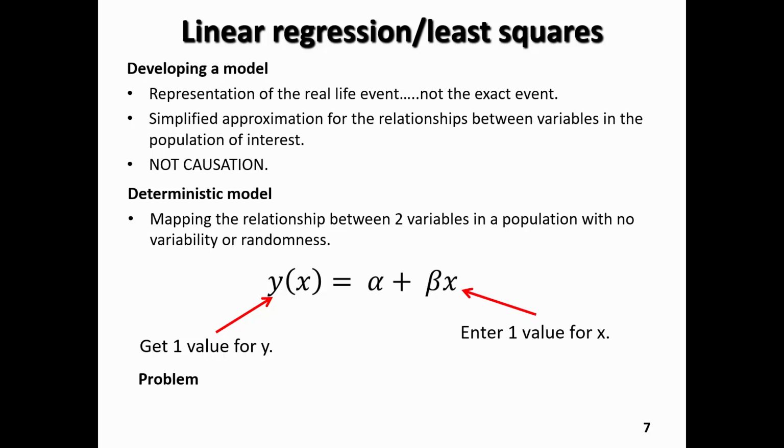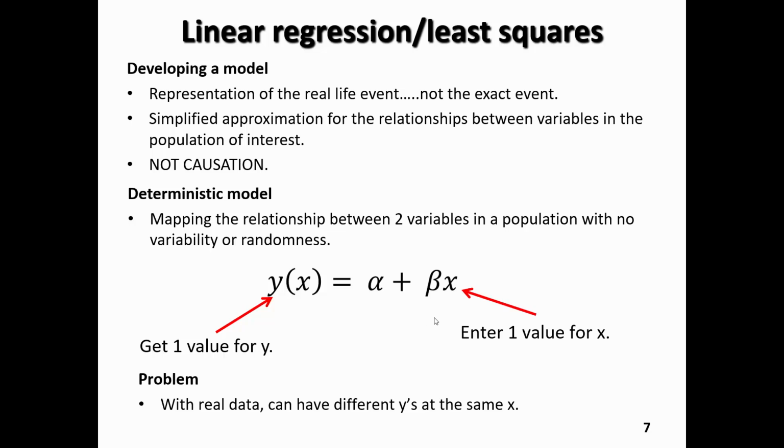Now, the problem with the deterministic approach is that when we deal with real data obtained from a sample in a research study, we can actually have different y values every time we enter an x value. So, for instance, if I enter an x value of 5, and run the math, I might get a 10 on the left-hand side.